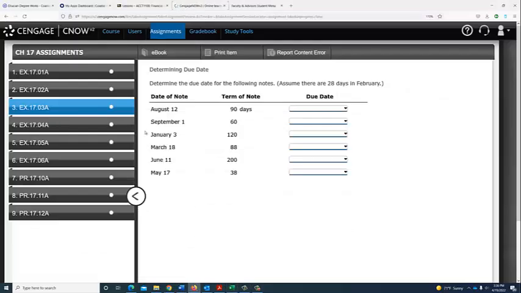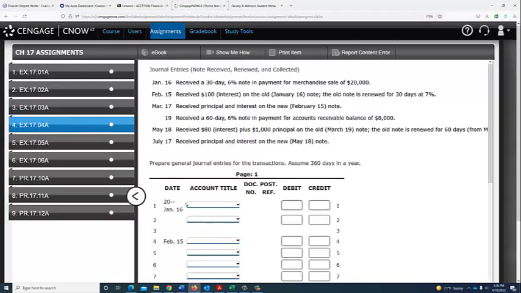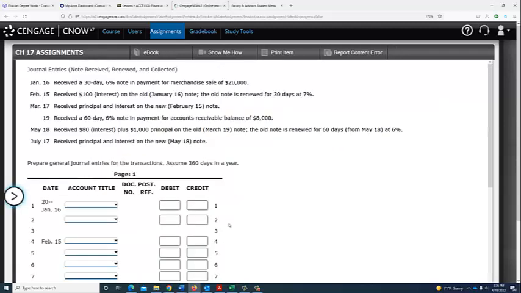All right, now we will move on to some journal entries. We're going to be journalizing notes received, renewed, and collected. On January 16th, we received a 30-day 6% note in payment for merchandise sale of $20,000.